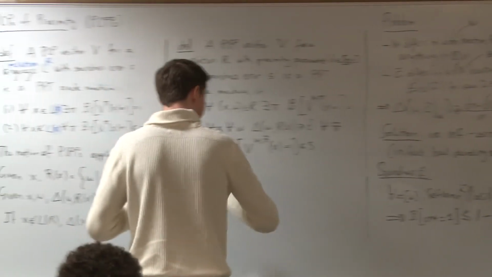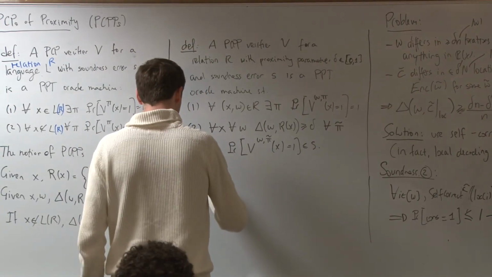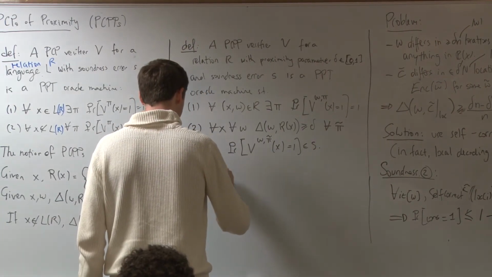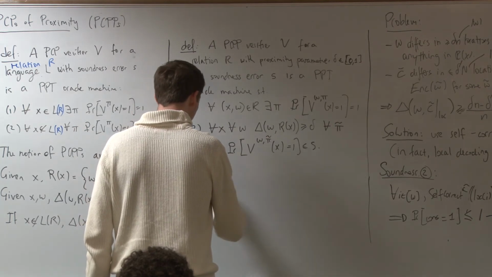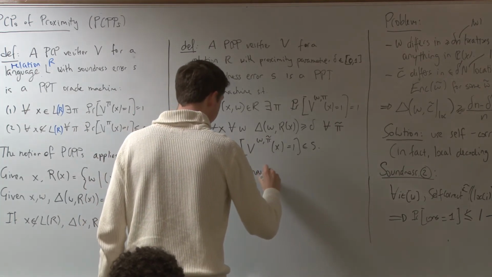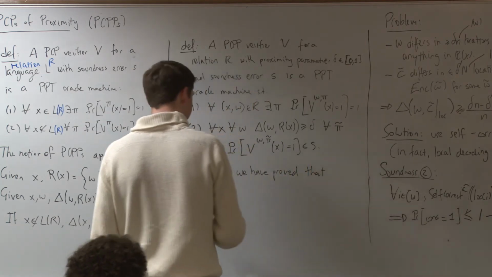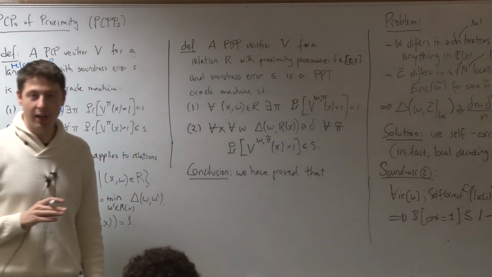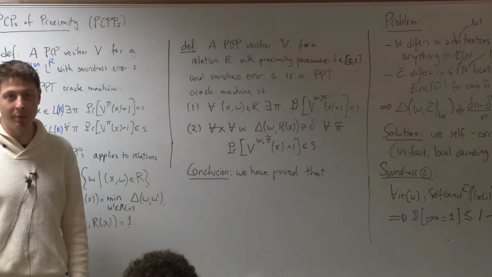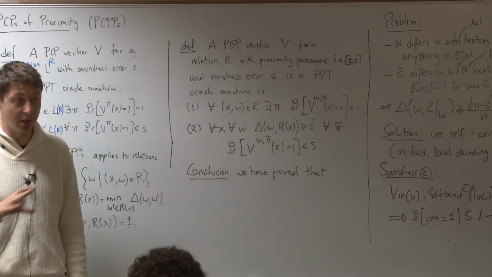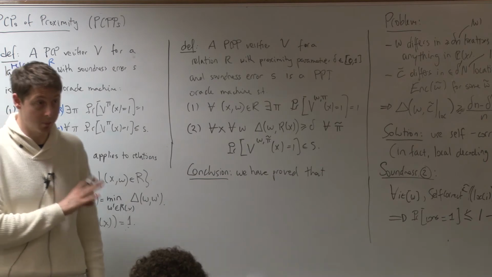So we'll write them here, sort of a conclusion. We have proved that, and now we'd be tempted to write NP is contained in PCPP. I won't do that. I'll write something else, and we'll discuss why.